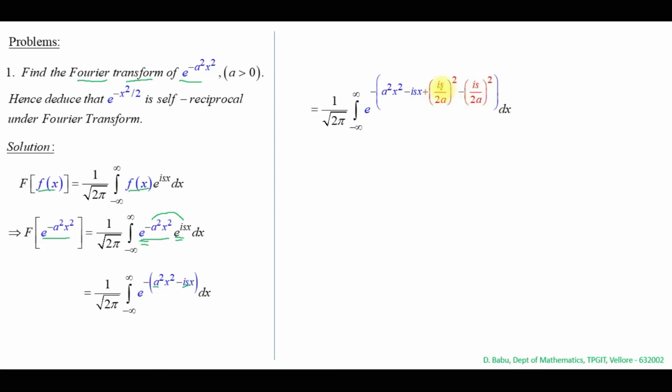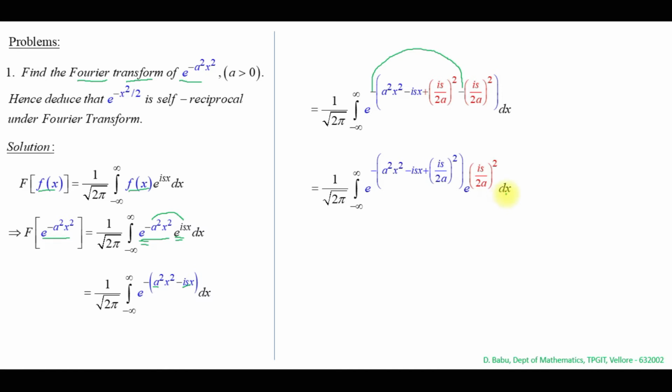Next, minus into minus is plus. So this can be written as 1 divided by square root of 2 pi, integration minus infinity to plus infinity, e power minus of these three terms, minus into minus, so e power minus of a square x square minus i s x plus i s divided by 2a whole square, dx.